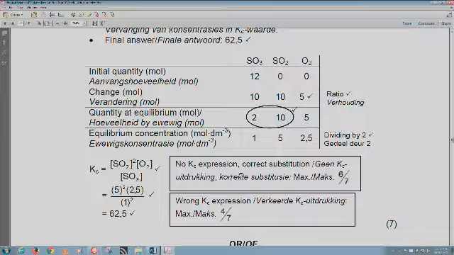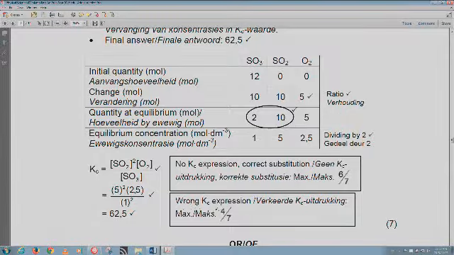Now, if the learner does not write the Kc expression, but substitutes the concentrations correctly and the answer is correct, the learner can get a maximum of 6 out of 7, meaning the learner will only lose the mark for the Kc expression. But if the substitutions are incorrect, it means the learner can get a maximum of those marks that he or she obtained in the table there, which might be 4 marks.